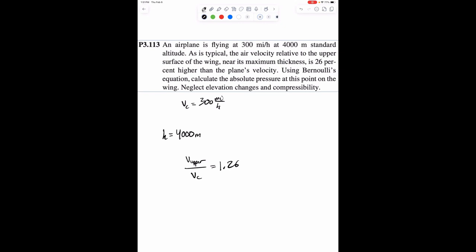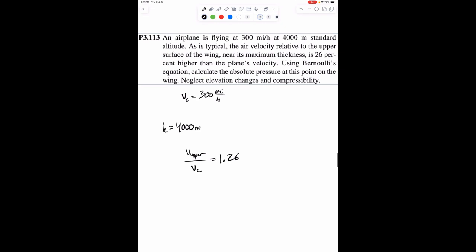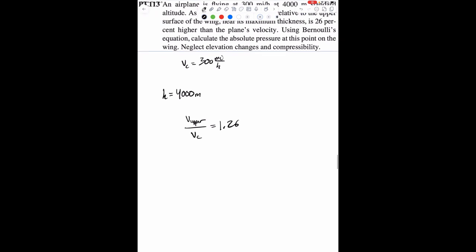Let me draw a schematic. Here I have my wing. Maximum thickness usually occurs at the quarter chord length, so like a quarter of the chord way down. And there we have our velocity at the upper surface, and at the upper surface we also have our upper pressure term.